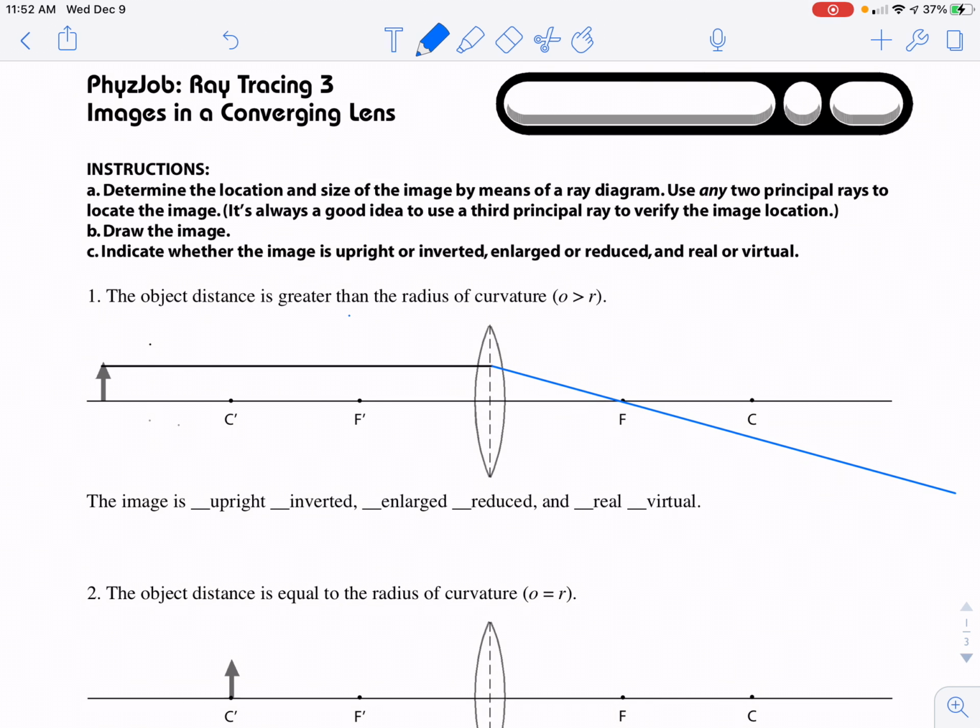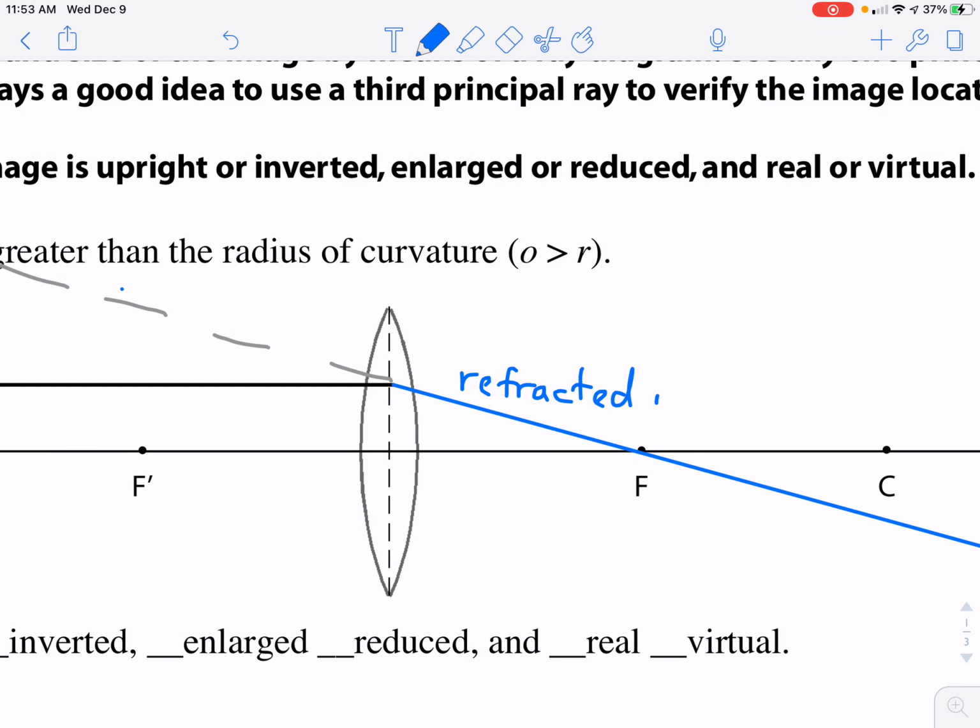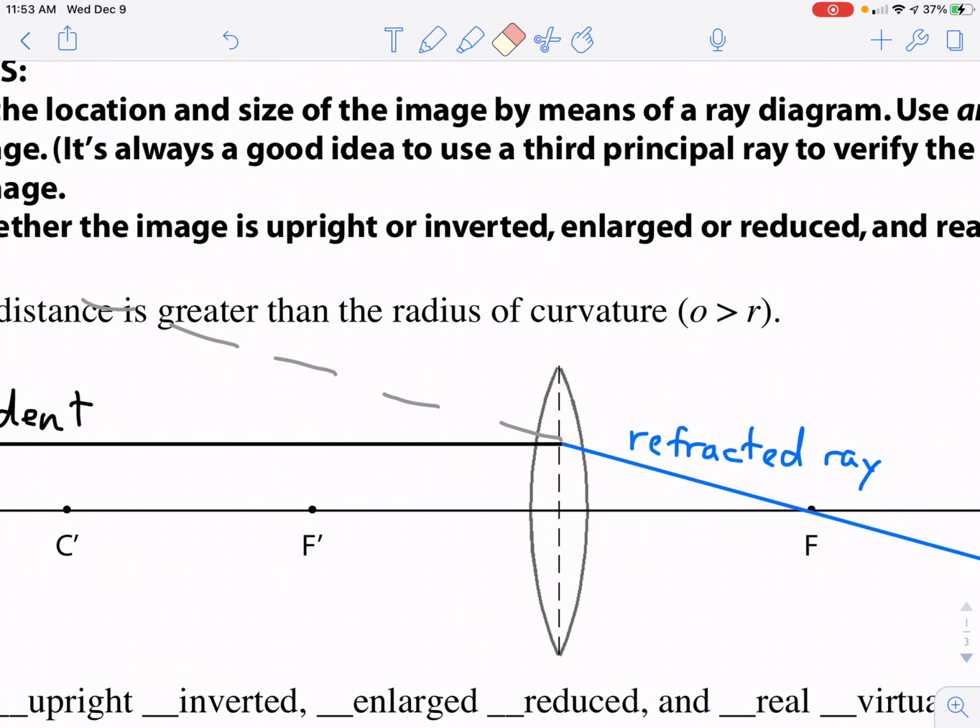The blue ray, that's the refracted ray, not reflected, refracted ray. And the gray one, well, that one's going to be what I term as a back ray. It's really more a virtual extension of the refracted ray, but I call it a back ray just for simplicity. And that's what ray number 1 looks like.